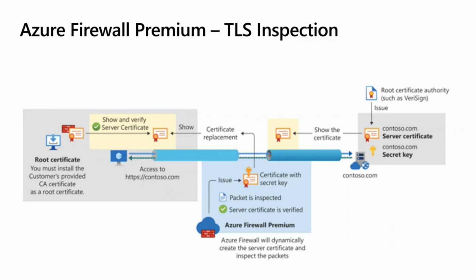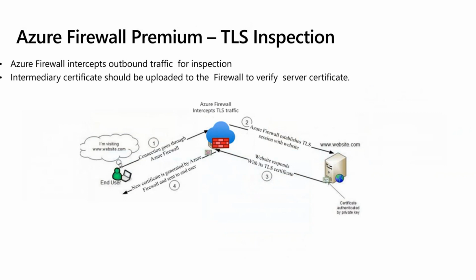This way you make sure that there is no unwanted malware, etc. in the packet. And for this, the firewall needs a certificate. So you see the certificates that are there. Actually, this diagram shows it better. Here, from the end user, your VM sends a packet, goes to the firewall, which decrypts it. The firewall needs an intermediary certificate here.